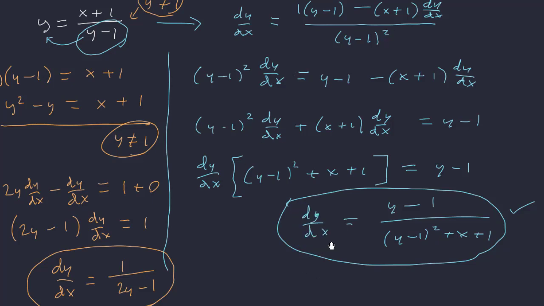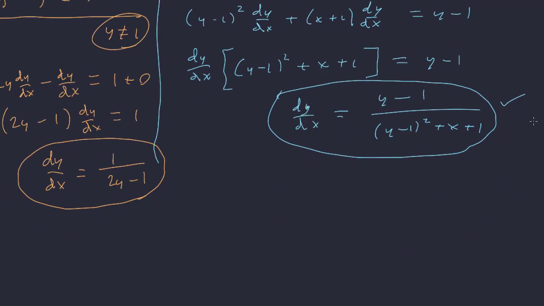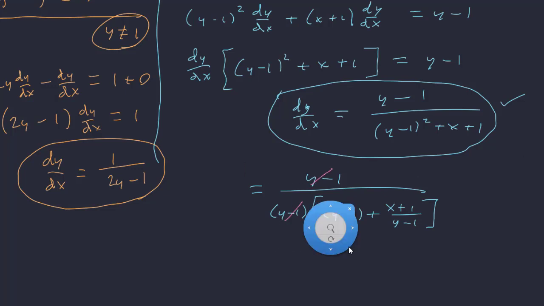What we're going to do is, with this one in the blue, in the denominator, I'm going to actually factor out a y minus 1, and we're going to do so in the way I talked about before, where if you factor out a y minus 1, well, in this first piece, we're left with just a y minus 1, and in the second piece, well, we're going to divide the x plus 1 by y minus 1. And here the y minus 1's cancel.